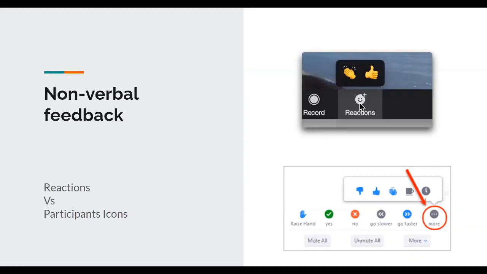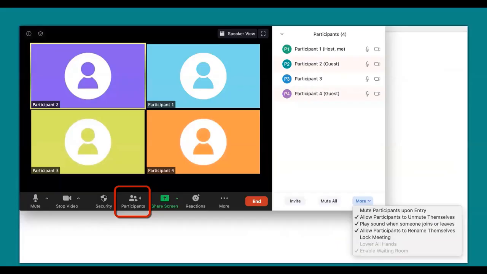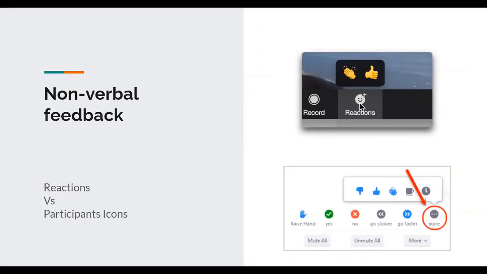Those are really nice. There is a second way to do this, and that's this second image that you see on the bottom, which is located within the participants box. So going back to where we were, you click on participants on your toolbar, and then you should see some options that look like this.